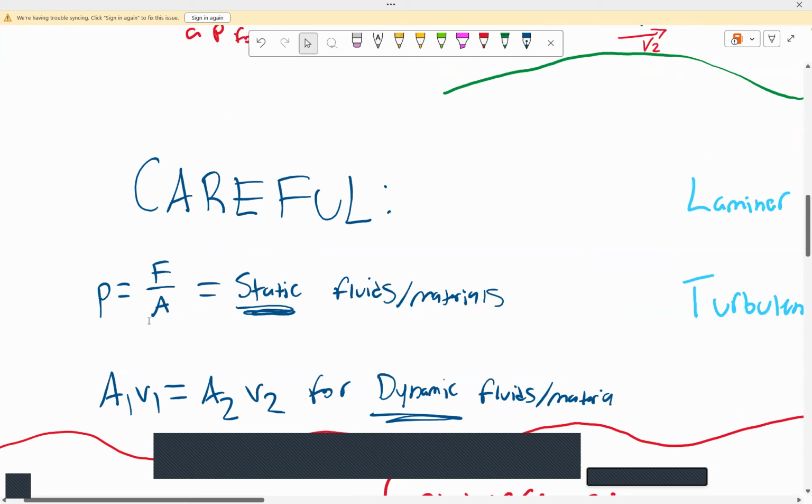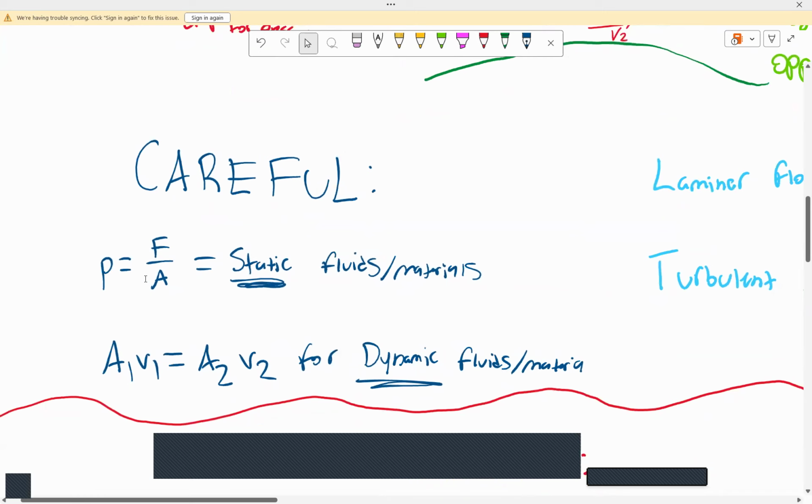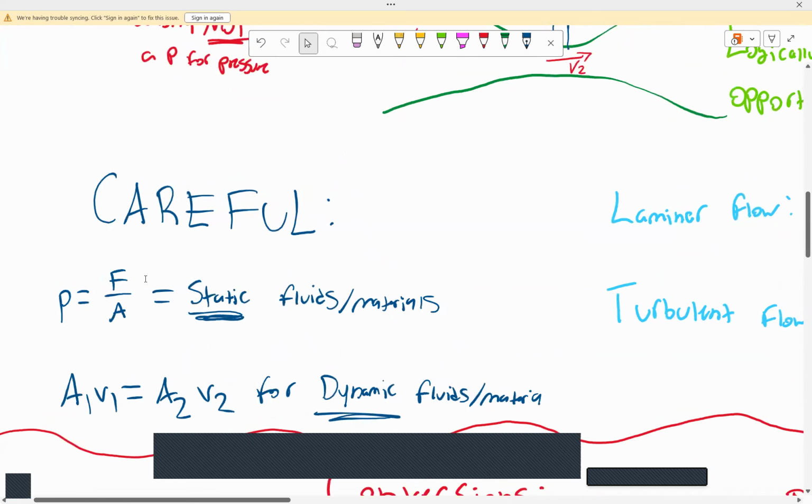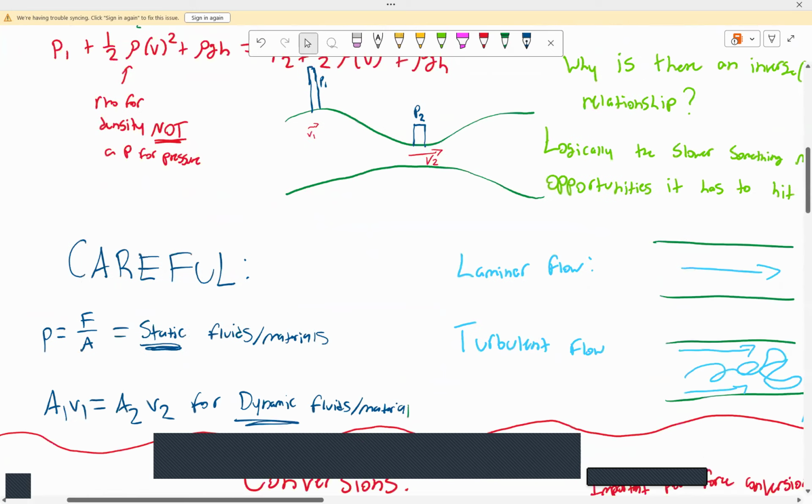I thought if you decrease the area, you increase the pressure if you have the same force. But that's for static fluids and materials, stuff that is not moving through a pipe. Whereas for dynamic fluids and materials, you have A1 V1 equals A2 V2, which is what goes into Bernoulli's equation. That's kind of the basis.